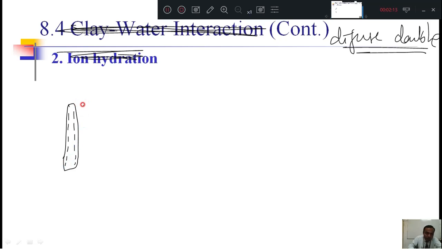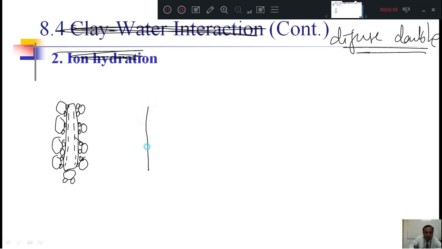Then if I bring water near to this clay particle, that water will stick like this. This you already know. Here the bigger particle, the oxygen, will come and stick. Here hydrogen will come and stick. Like that you will see the water particles coming and sticking to each other.